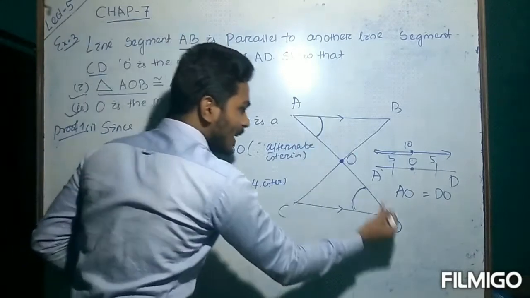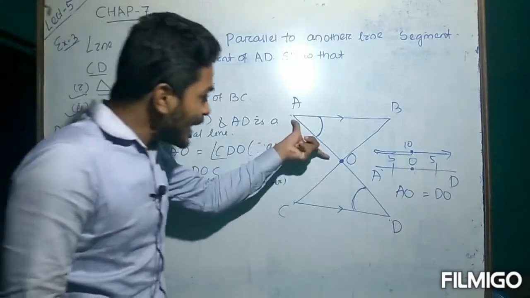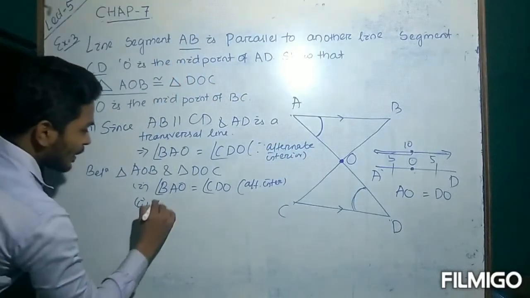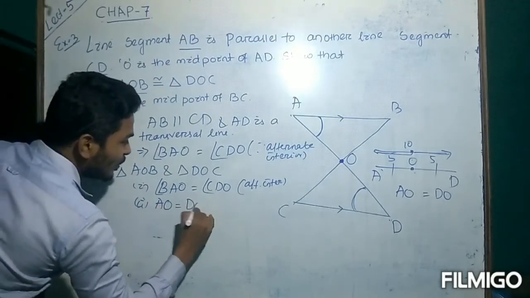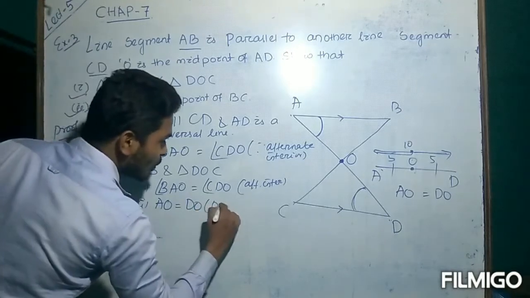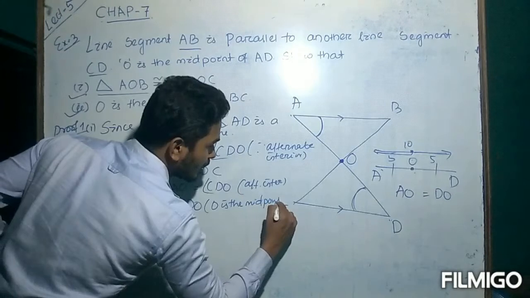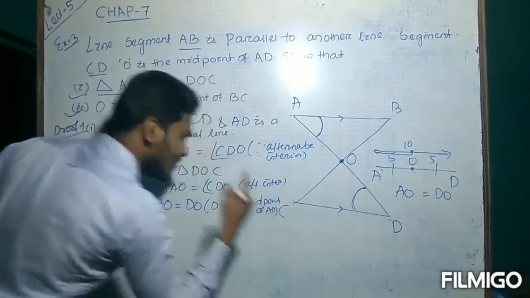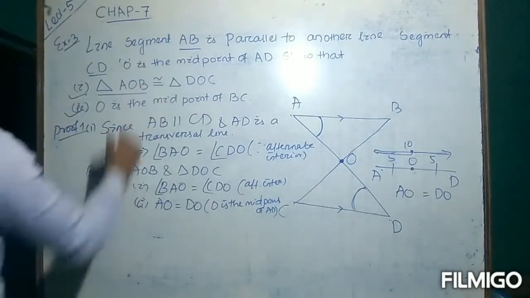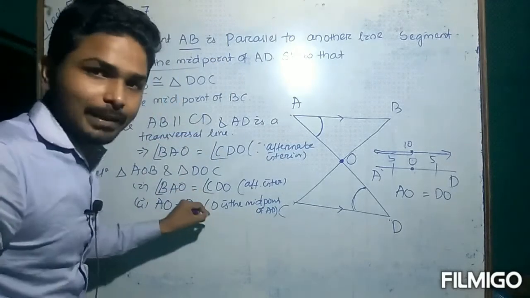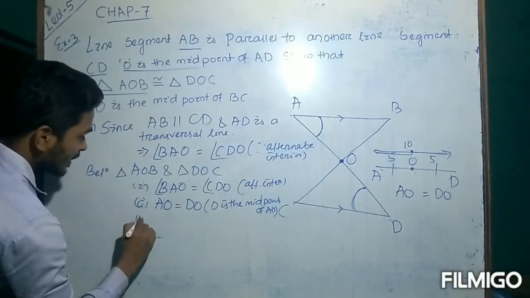So AO is equal to DO. Why? Because O is the midpoint of AD. It is already given. So from this statement you have to conclude this statement. Okay? So next condition.